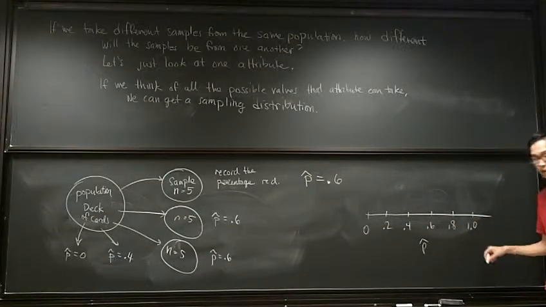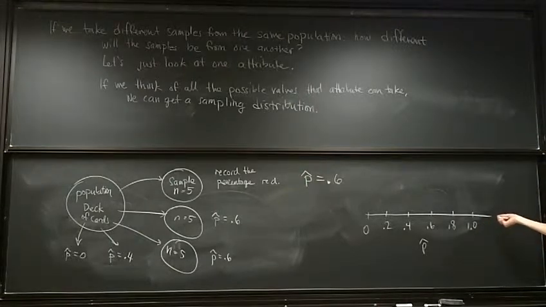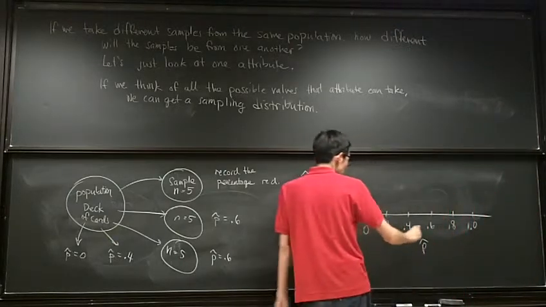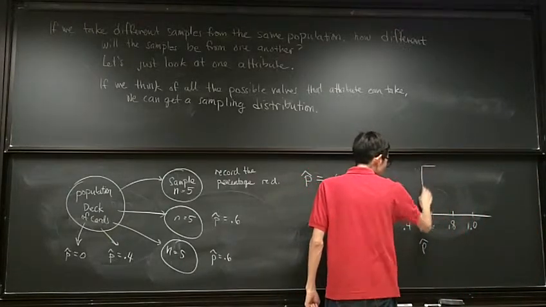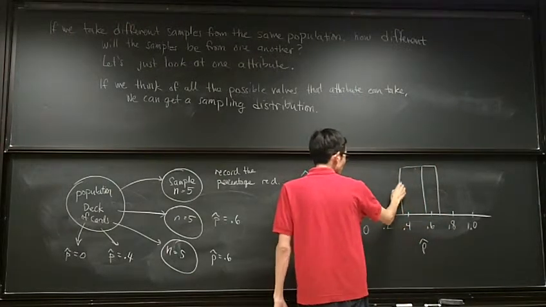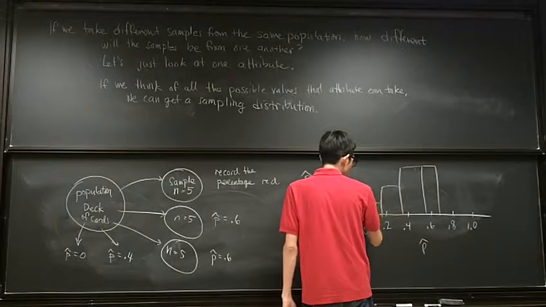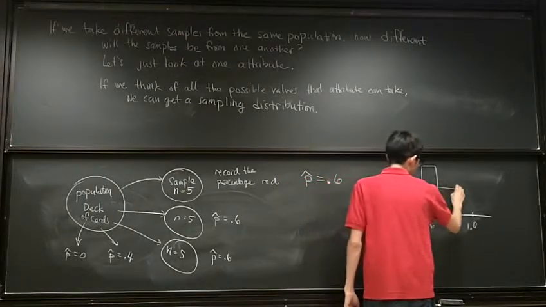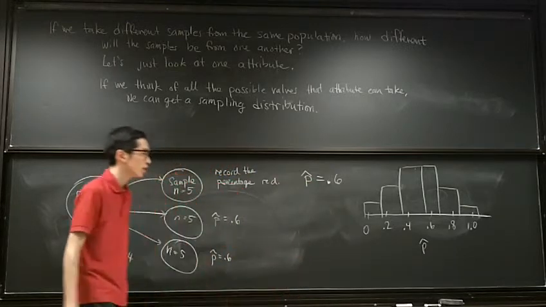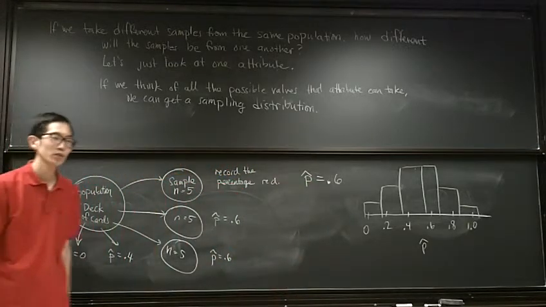Any other possible values? No, not with this. And probably 0.4 and 0.6 are going to be the most common. 0.2 and 0.8 will show up, but not as often. And then 0 and 1 will probably also appear, but less often.